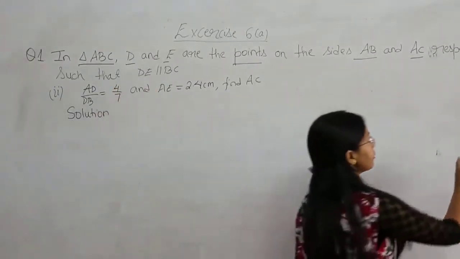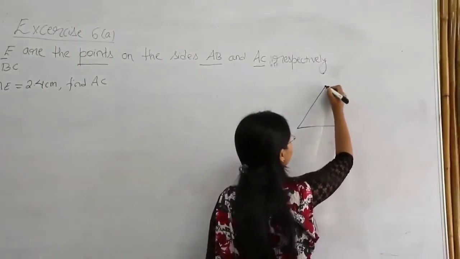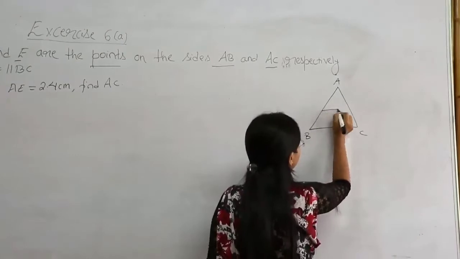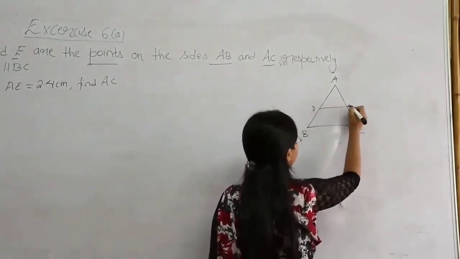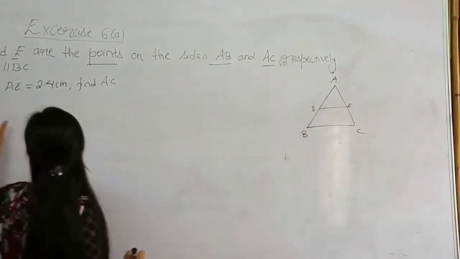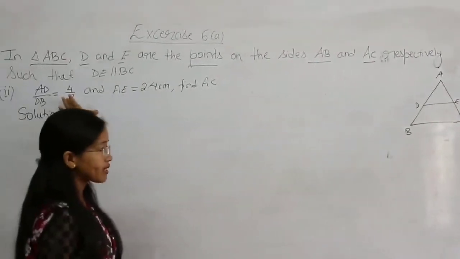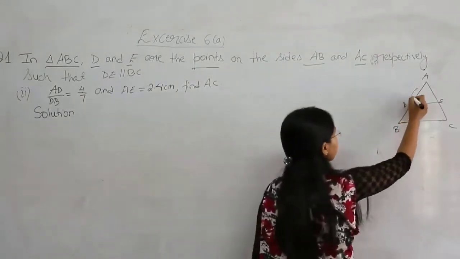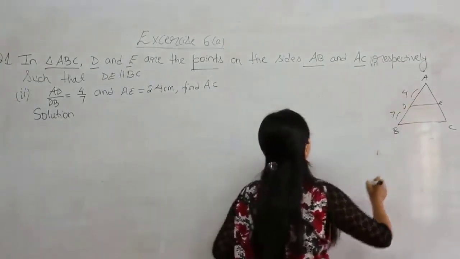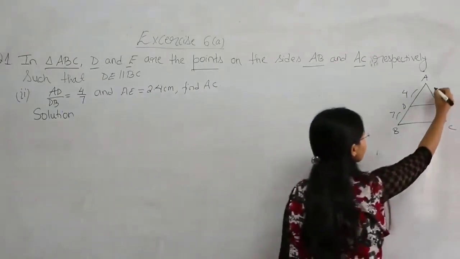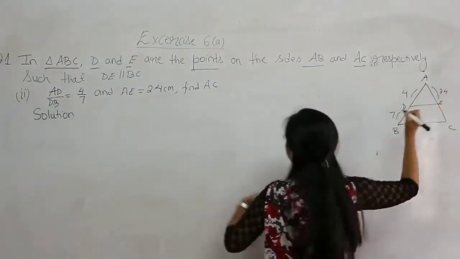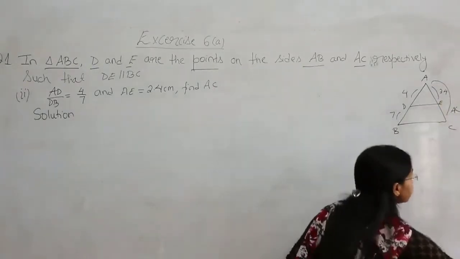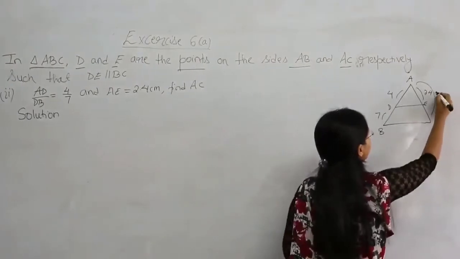So here we have triangle ABC, and then we have D and E. So we are given AD by dB is 4 by 7. This length will be 4, 7. And we have AE is equal to 2.4. You have to find the length AC.